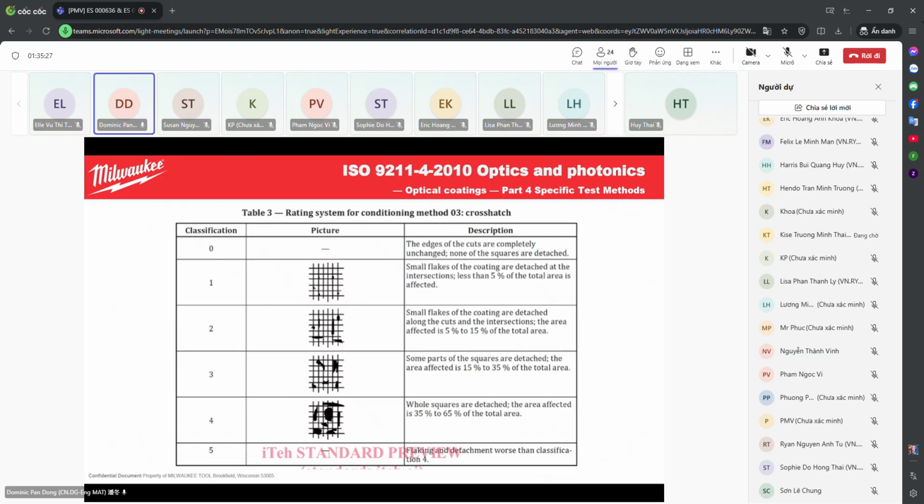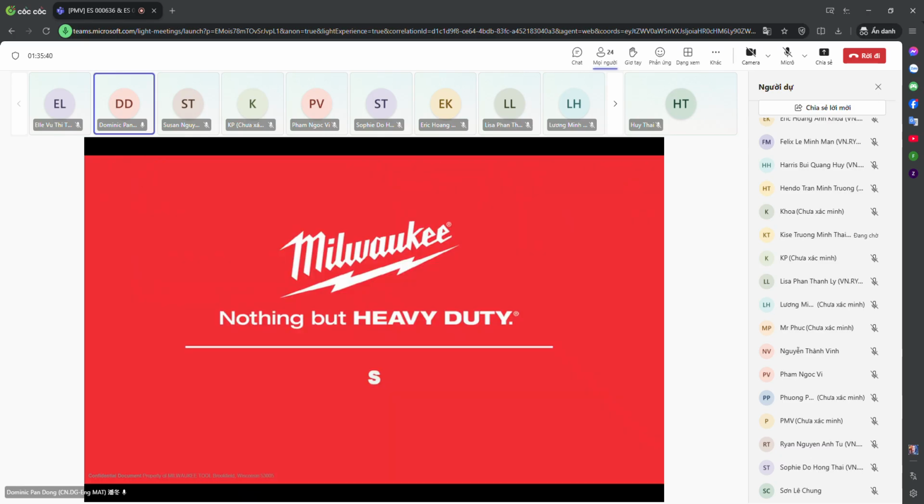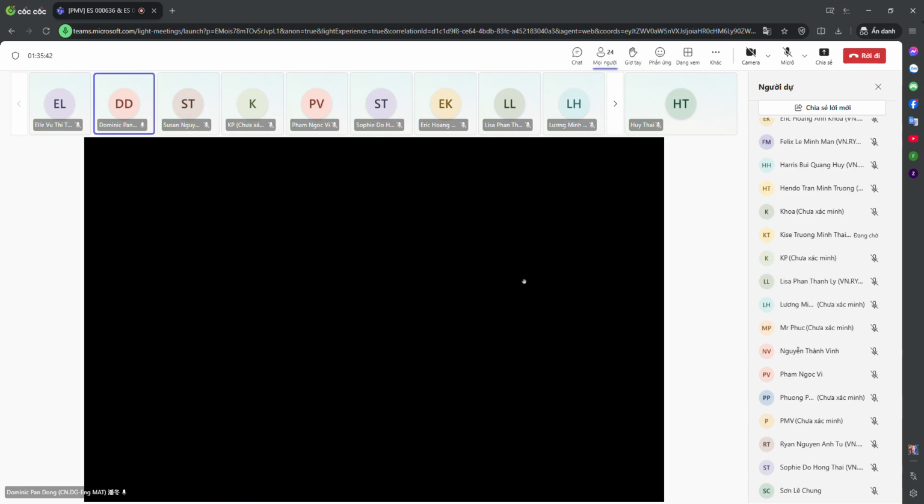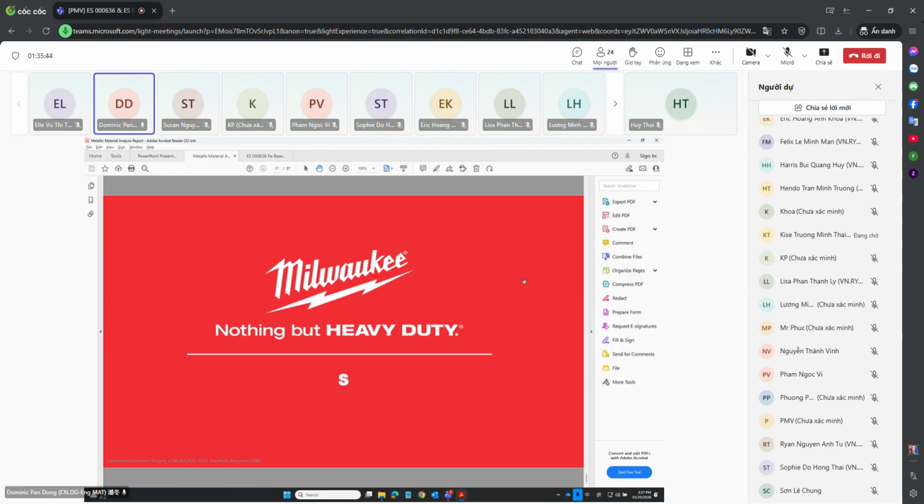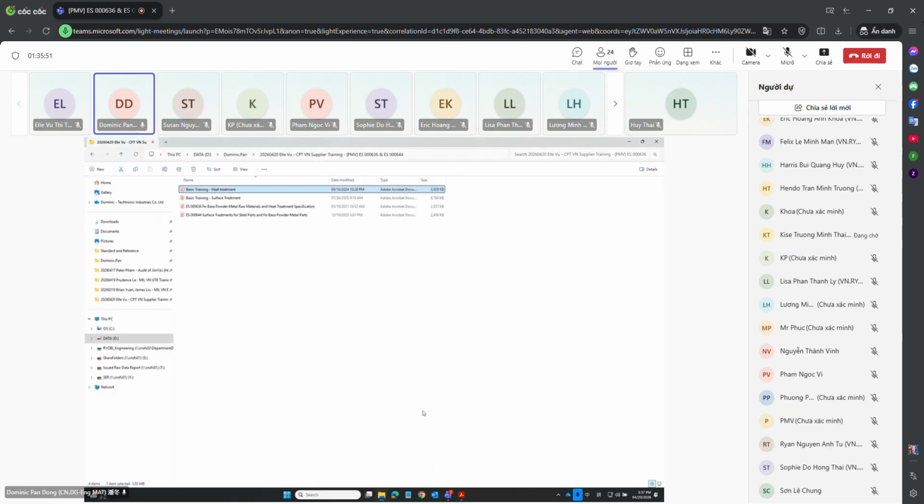We just make sure that all of the cuttings are clear and no small grids are peeled off, that's good. But if that goes wrong, we would reject the whole batch. Okay, I think this is all for the training on surface treatment. Do you have any questions about that?